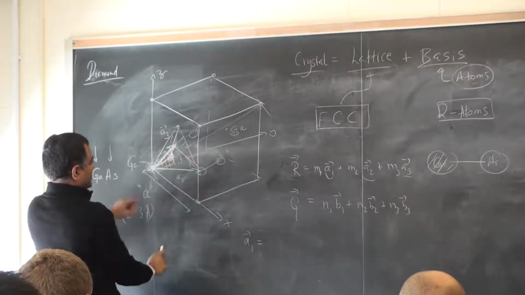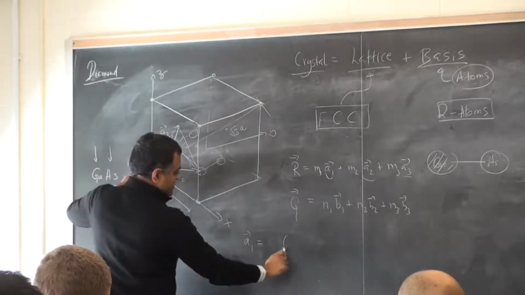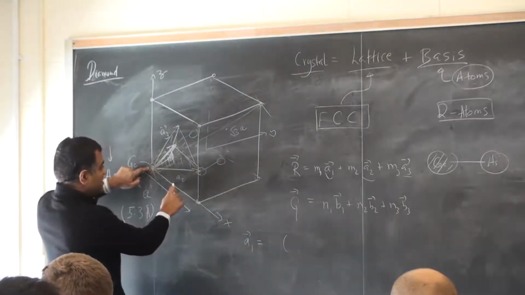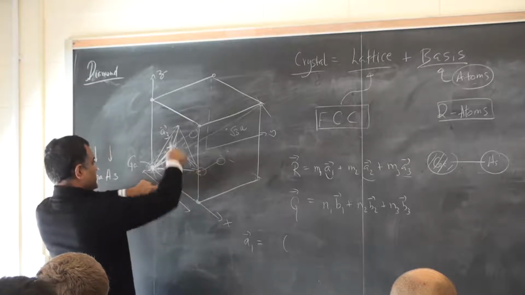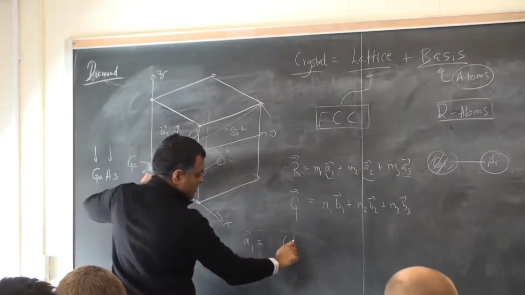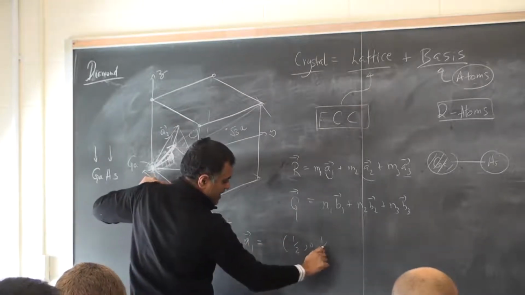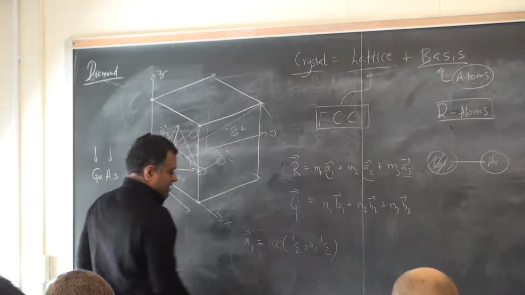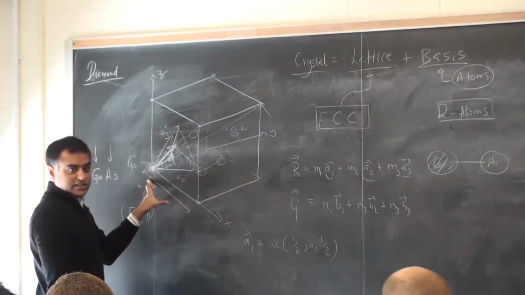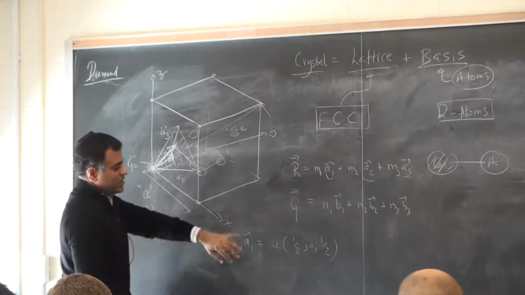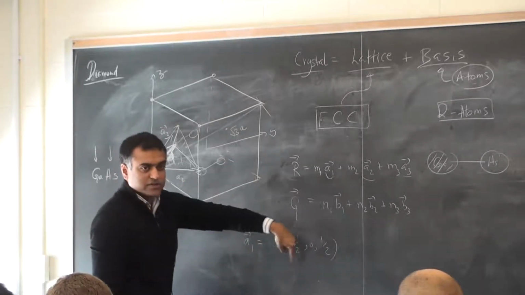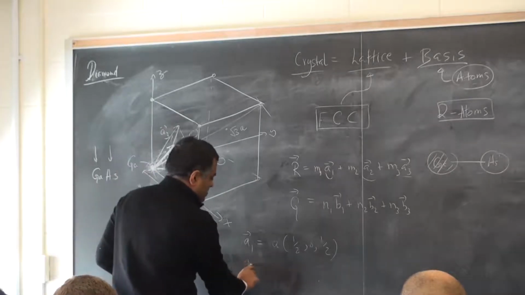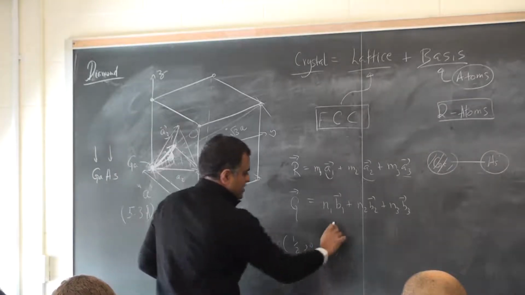So what would that be? 1/2, 0, 1/2. Right, so in X you're going half, in Y you are not going anywhere, and in Z half, right? So 1/2, 0, and 1/2. But then what's the length of that vector? A, right? A is the length. So that's your A1. And A2, A3, you can see the 0 will move around. From here, A2 and A3, I leave that to you.